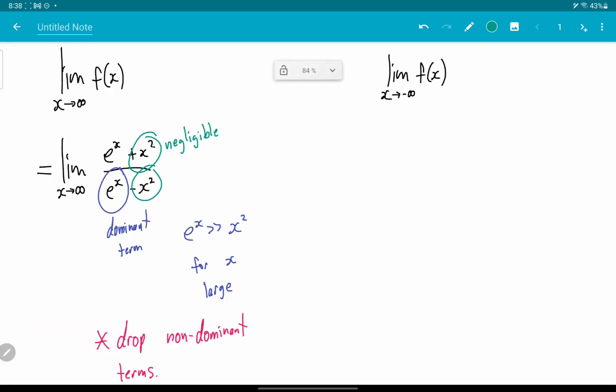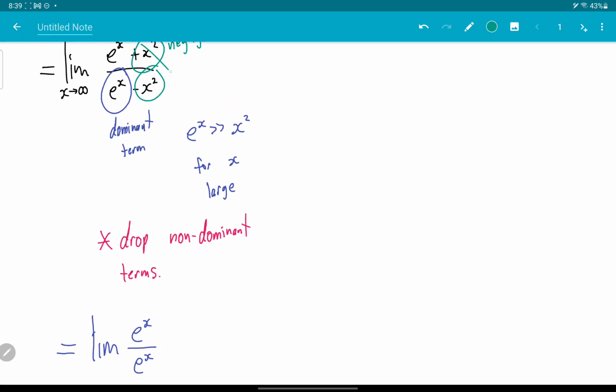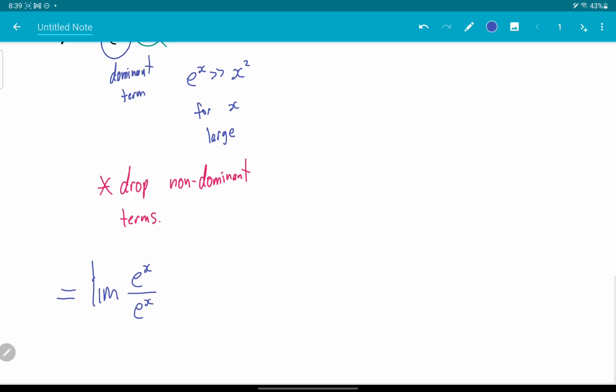If you think about e to the power of a million compared to a million squared, they're not even close. e to the x is much, much, much bigger than x squared. So I just drop those x squareds, and I will not change the limit. Having done that, I get the limit of 1, which is just 1.